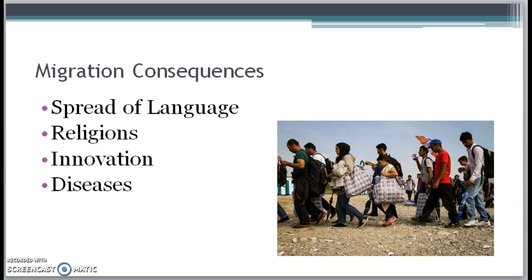We could talk about the diffusion of religions, how that's going to spread elements or basics of culture. Innovation ideas, bringing new ideas, new technology. And we could also say the diffusion of diseases, thinking about colonial examples, bringing things like smallpox to native tribes. So migration has both positive and negative consequences.